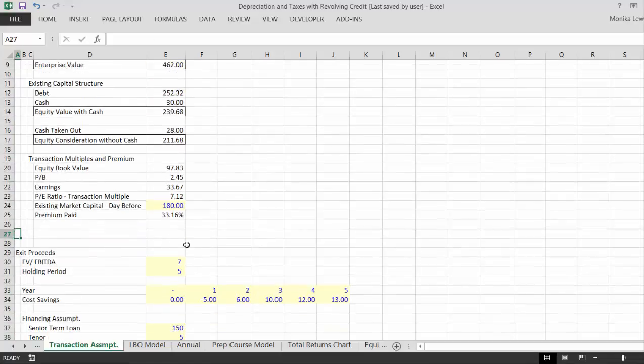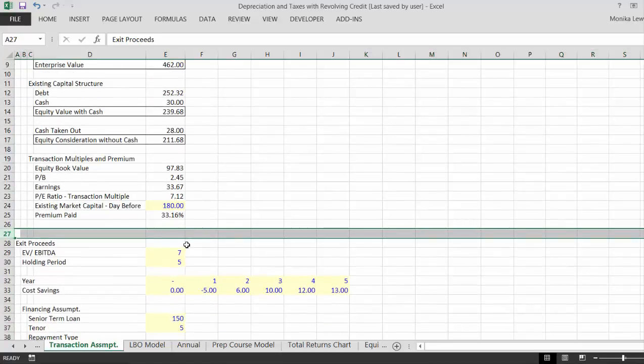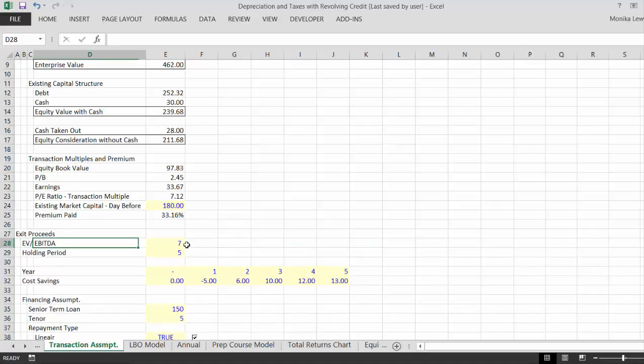And then we have some exit proceeds assumptions, which are going to be really big. We need a holding period to make it all flexible, and then we might want a whole bunch of different cost savings / synergies.